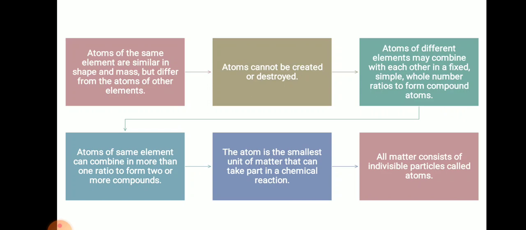Isobars are atoms which have the same mass number but different atomic numbers. This also could not be explained by Dalton's atomic theory. Examples: argon and calcium. Argon has atomic number 18 and calcium has atomic number 20, but both of them have mass number 40. So that could not be explained by Dalton's atomic theory.